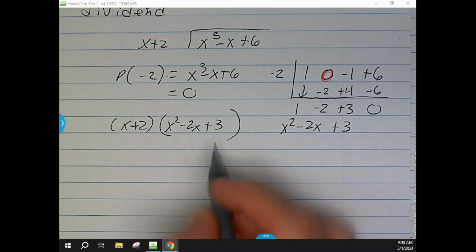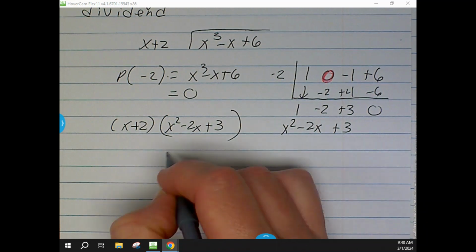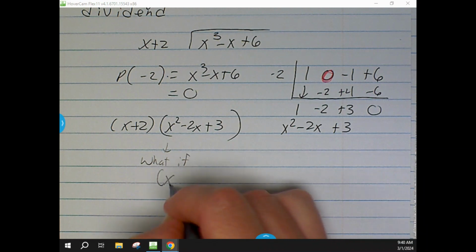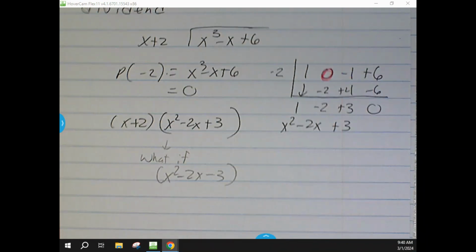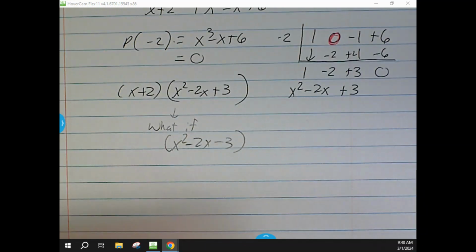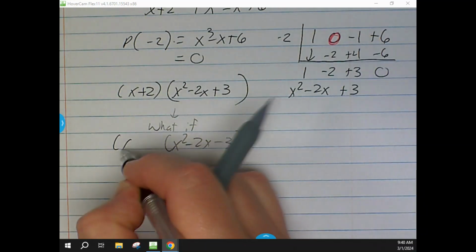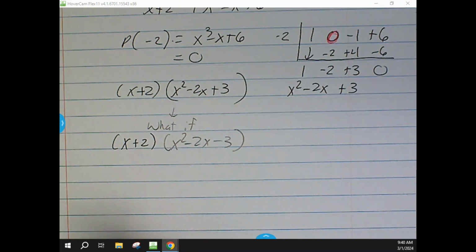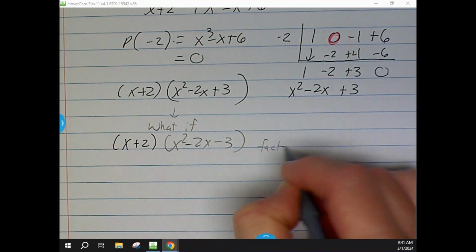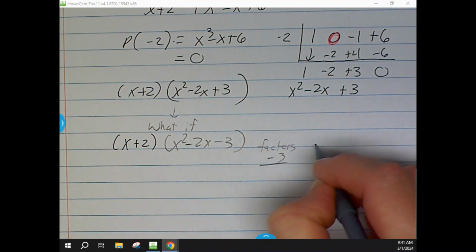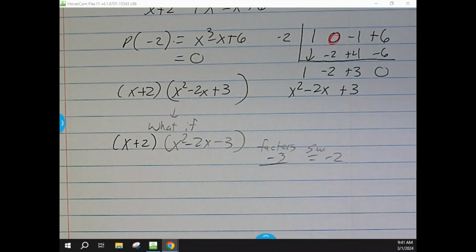Now, if this was one sign different, what if it was that? Could you factor this a little bit more? Are there any factors of negative 3 where the sum would equal negative 2?